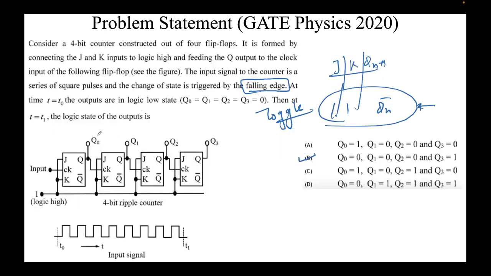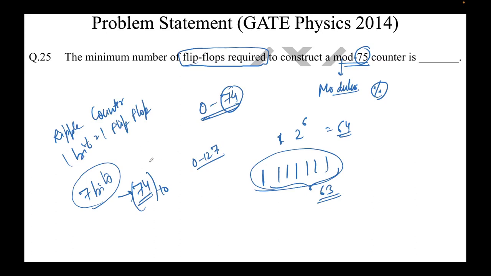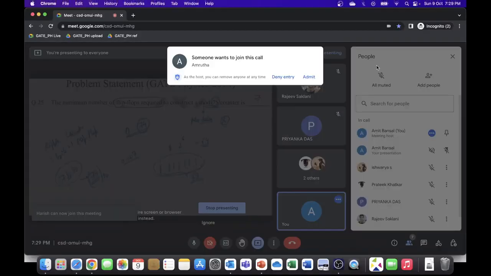These are the bits of the ripple counter, and one bit was equal to one flip-flop. So again, we require 7 bits to represent the number 74, and hence the number of flip-flops required is 7. So we need 7 flip-flops to construct a mod 75 counter. So this is the answer for this.